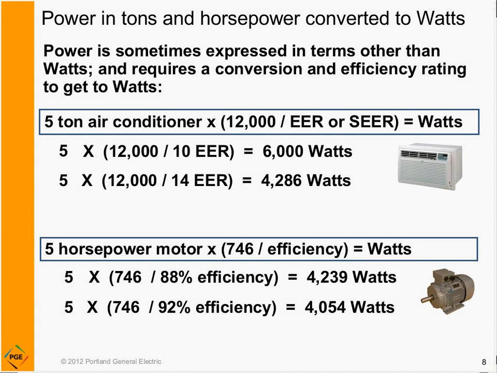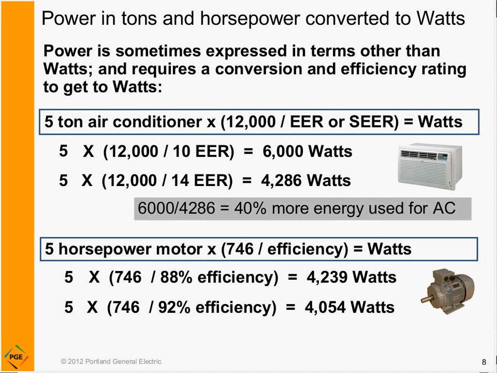In this case, you can see the higher the efficiency, the lower the watts, and that's a pretty significant number. So just saying to your purchasing manager, oh, look at the great price I got on a 5-ton unit, you would ask him, but what is the efficiency rating? If you bought the one at 10 EER, you just locked in 15 to 20 years at a much higher energy bill than if you had spent a little more money and gotten the one at 14 efficiency, much lower.